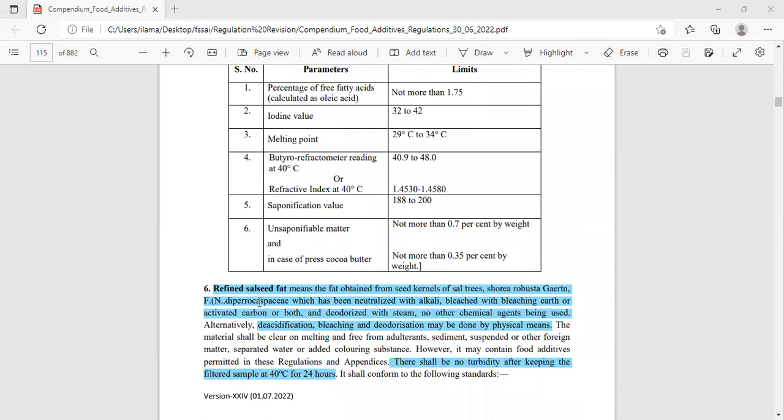And sal seed fat, it is obtained from the trees of sal seed, and it is used as refined fat spreads. So the sal seed fat is also subjected to a test for no turbidity after keeping the filtered sample at 40 degrees Celsius for 24 hours.